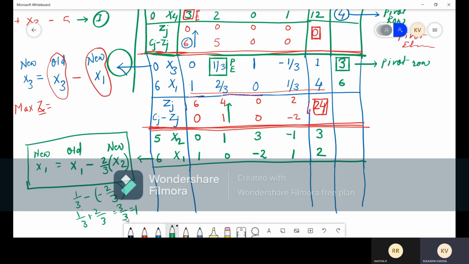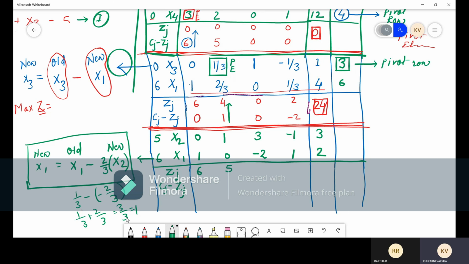We have set up. Now we need to find out Zj, and then we need to find out Cj minus Zj. So first we'll find out Zj. 5 into 0 plus 6 into 1, so it will be 6. 5 into 1 plus 6 into 0, so this will be 5. Then 5 into 3 plus 6 into minus 2.